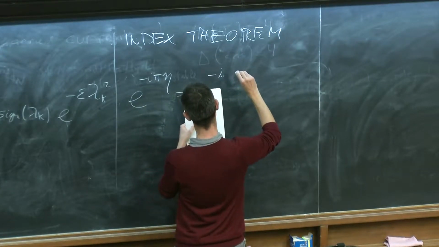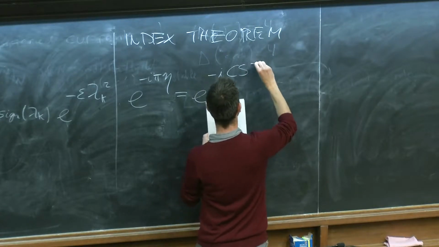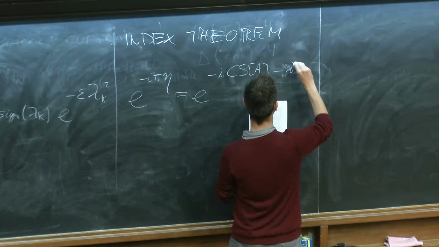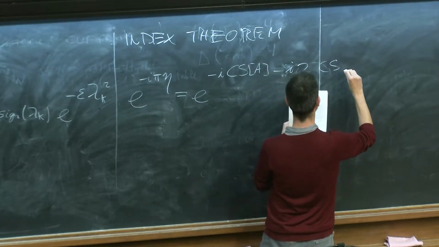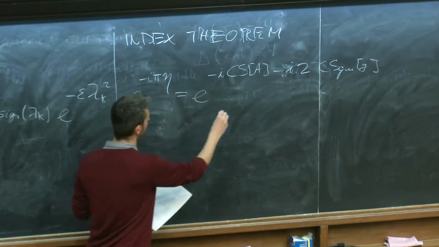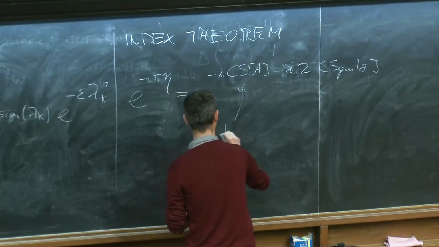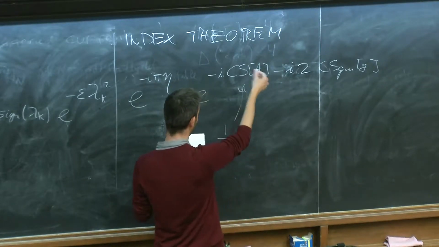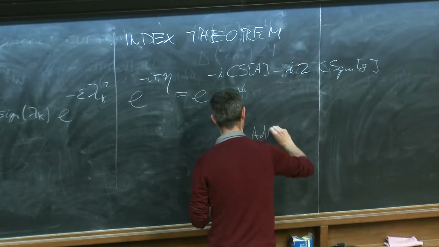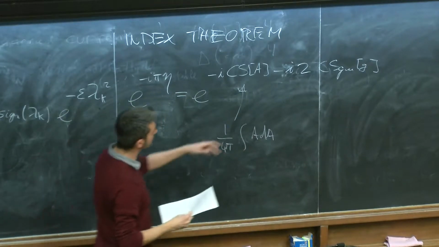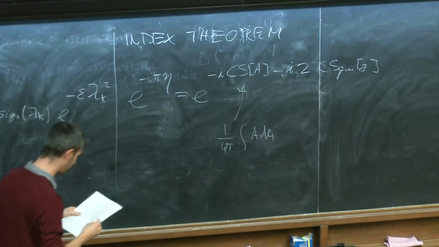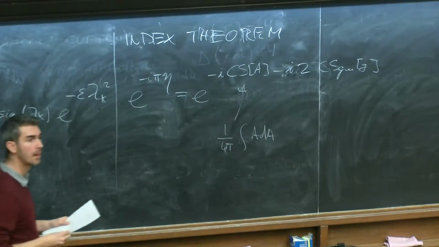So let's see, minus i Chern-Simons of A, minus, let me write it this way, i 2 Chern-Simons of the graviton. Okay? So this is one unit of Chern-Simons term, I mean, a Chern-Simons term at level 1. So this would be the integral of A dA in three-dimensional terms. And this is the gravitational Chern-Simons term that we wrote yesterday. Okay? Yes?